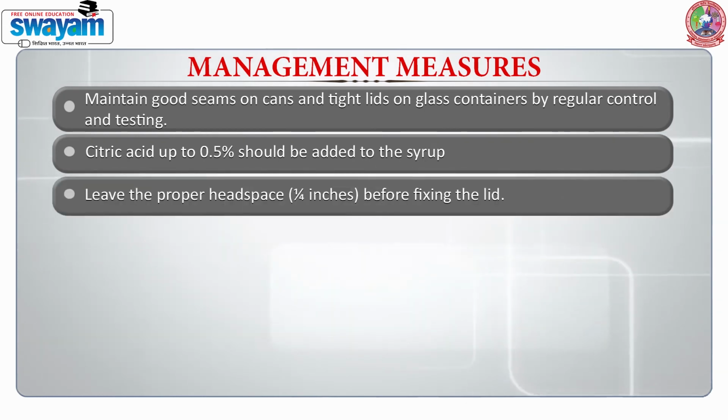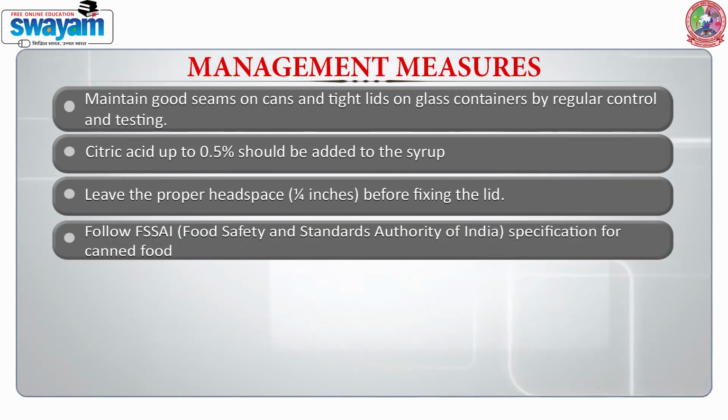Next, leave a proper head space of approximately 1/4 inch, that is 0.25 inch, before fixing the lid, and one should follow the FSSAI, Food Safety and Standards Authority of India, specification for canned food.